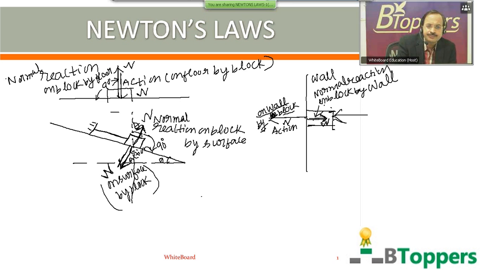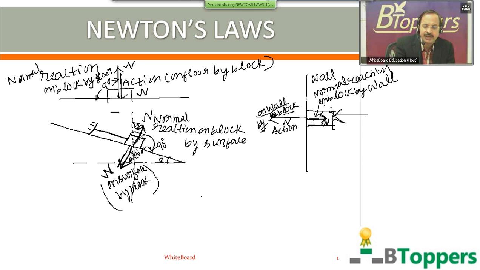In the first example, that is when the block rests on the horizontal floor, the normal reaction force on the block by the floor is directed vertically upwards. In the second example, that is for the block resting on the inclined surface of a fixed inclined plane, the normal reaction force on the block by the inclined surface acts perpendicular to the inclined surface and directed away from the inclined surface.